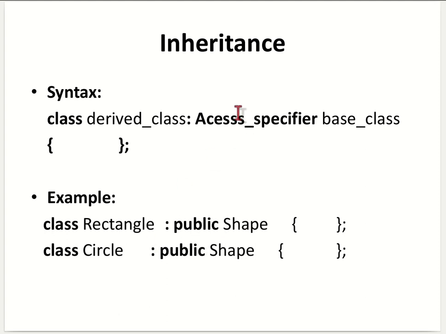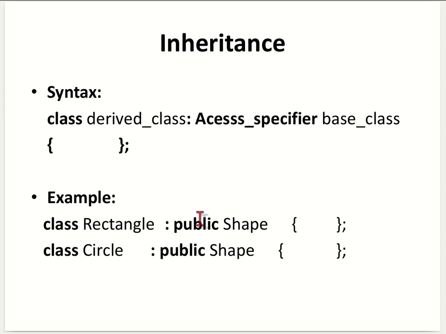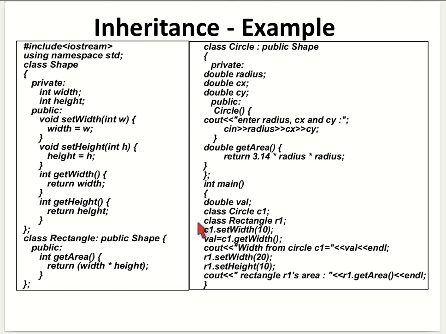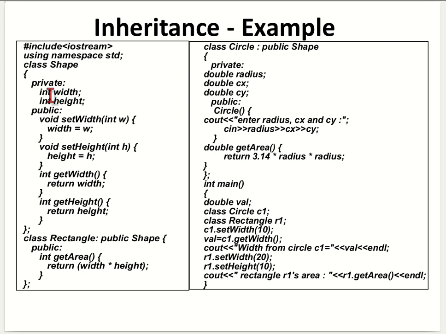We have to specify an access specifier here. The access specifier can be public, private, or protected. So this is an example of inheritance. As you can see, there is a class shape here, which is the generic one. Here you can see the width and height of that shape.